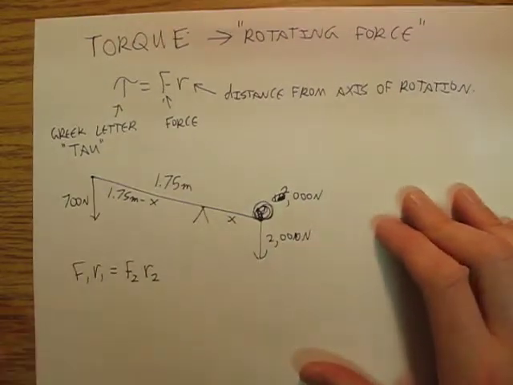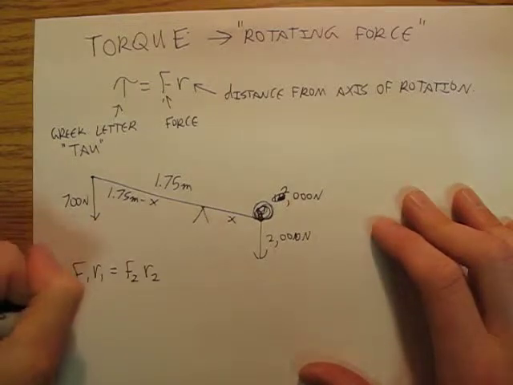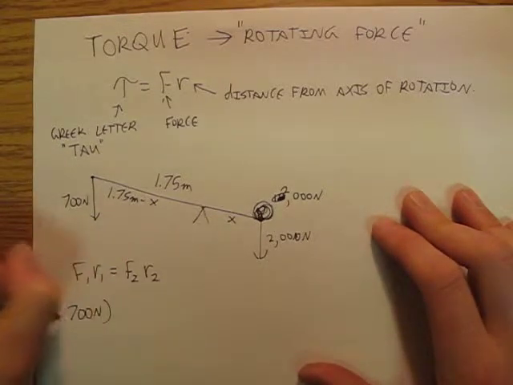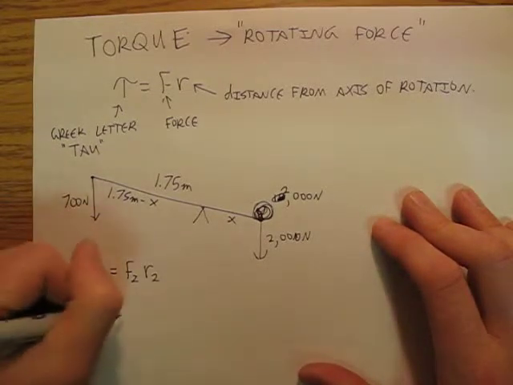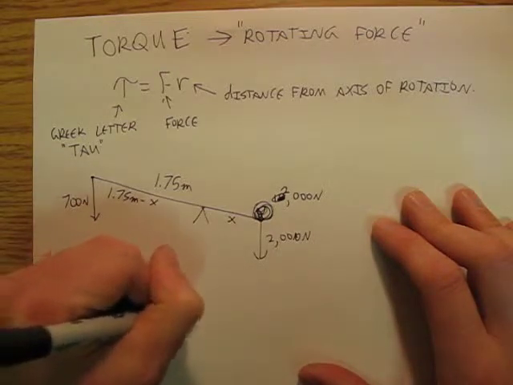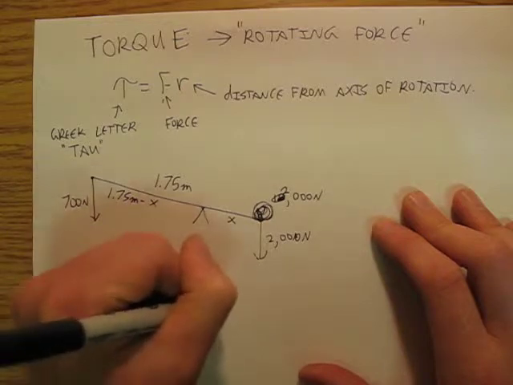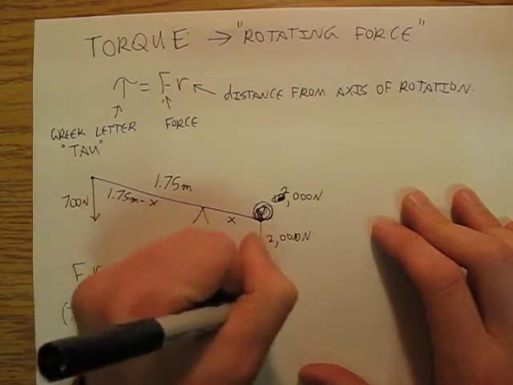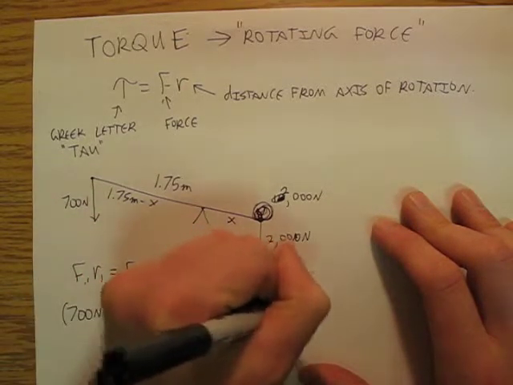Okay, so I've got 700 newtons times 1.75 meters minus x is equal to 2,000 newtons times x.